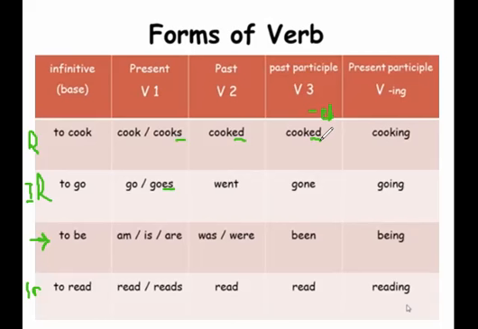That is why they are considered irregular, because they do not take ed. Hence, "go" changes into "went" in its past form and "gone" in its past participle form.